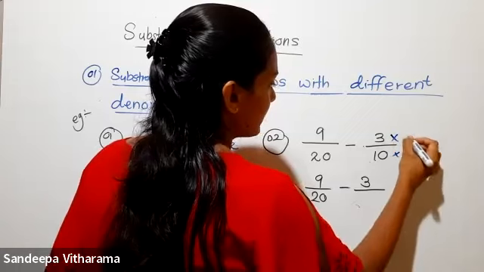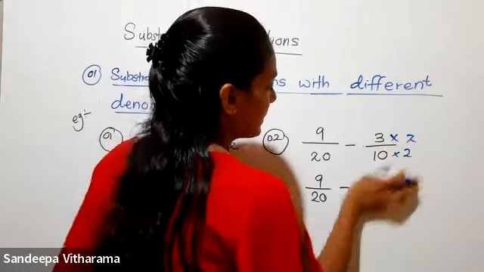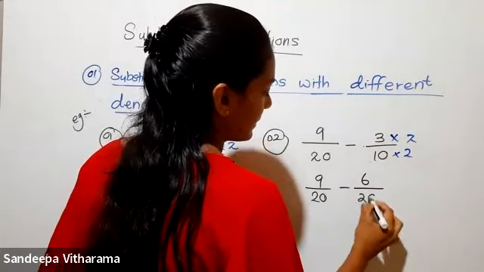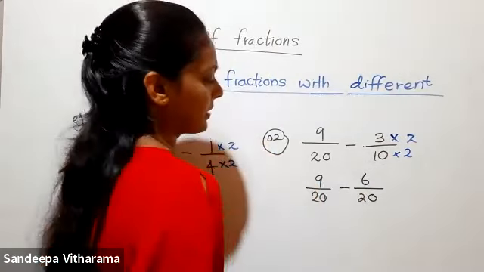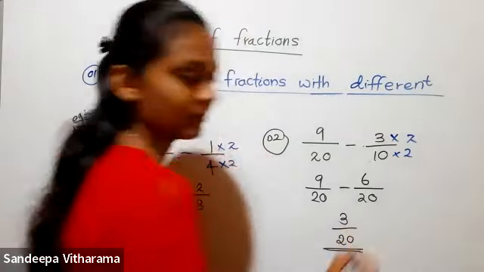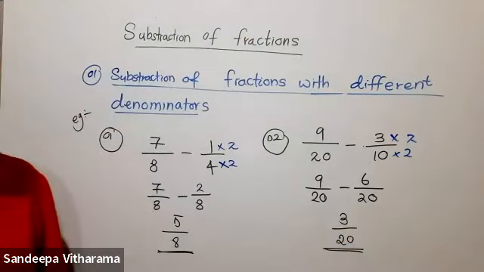We can multiply by 2, no? So we can obtain it as 6 upon 20. Then 6 is subtracted from 9, it is 3. 3 upon 20. Is it difficult? No, right?